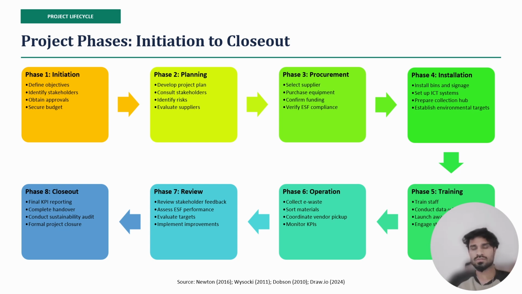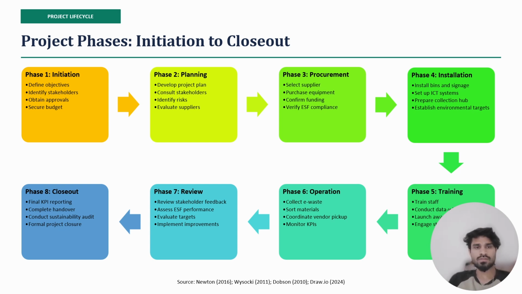And phases 6 and 7 cover operation and review, where the KPIs are actively tracked and Agile sprint reviews ensure continuous improvement rather than one-off recycling.